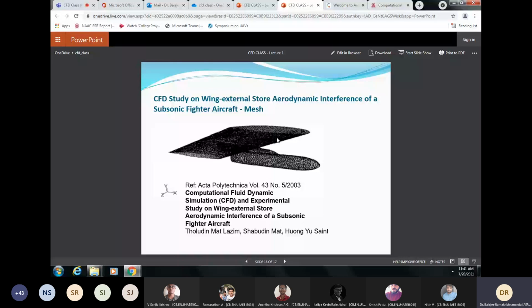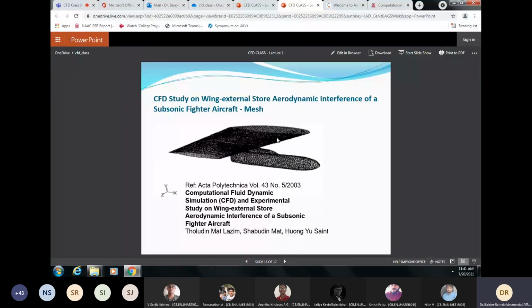Then this is a typical application where you can have CFD. You see, this can never be solved analytically. Never means analytical science has not grown up to this level. CFD is turning on a wing with external store.